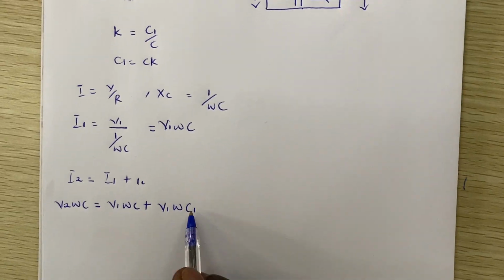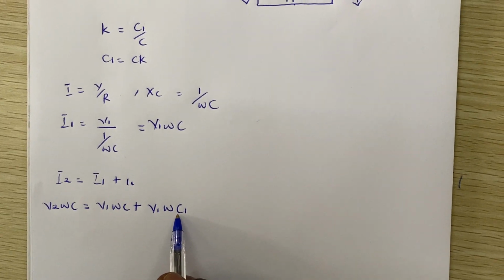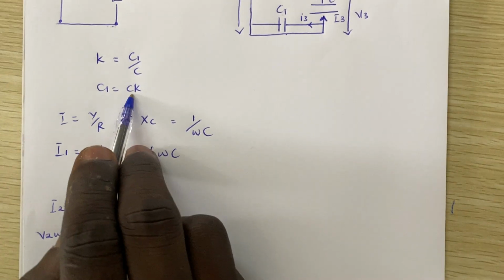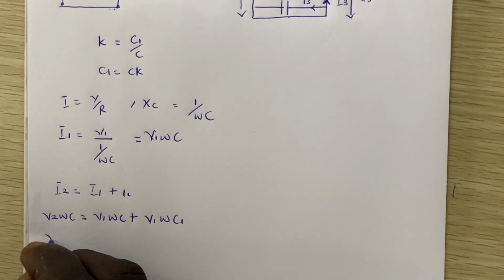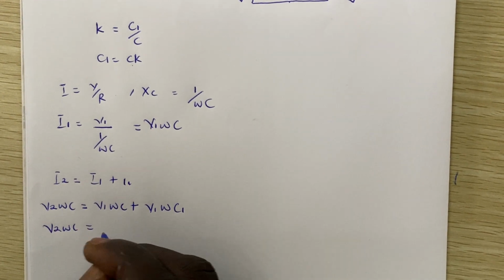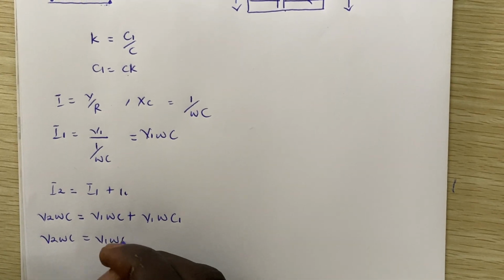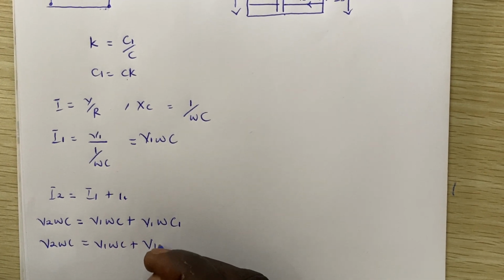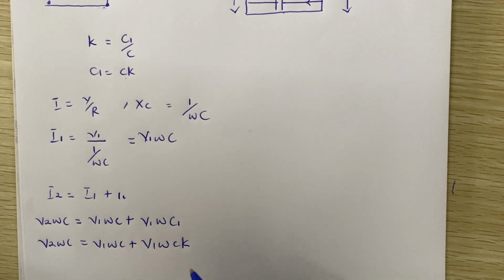But then interestingly here, we've already found out that we can represent this C1 with KC or CK, right? So our V2 omega C is going to be V1 omega C plus V1 omega CK.